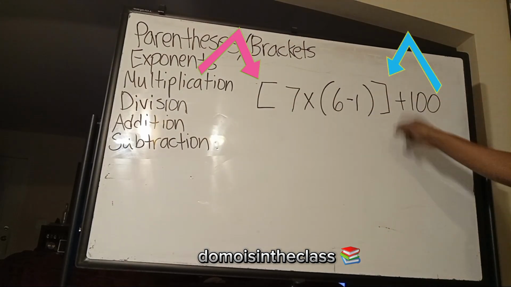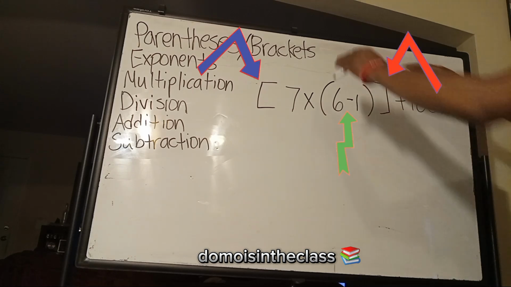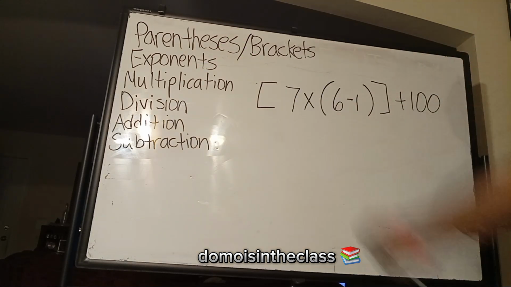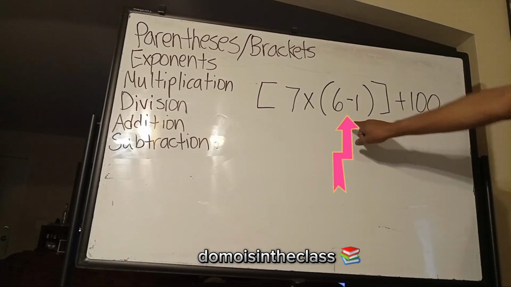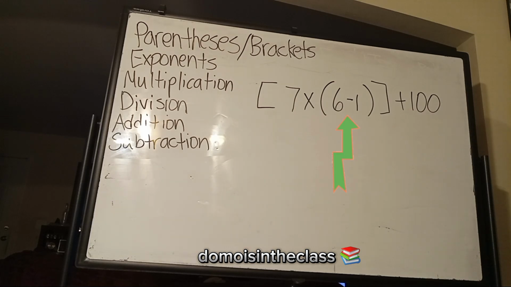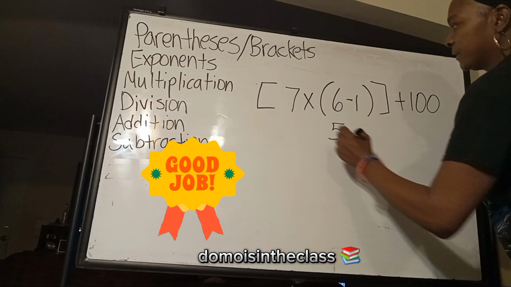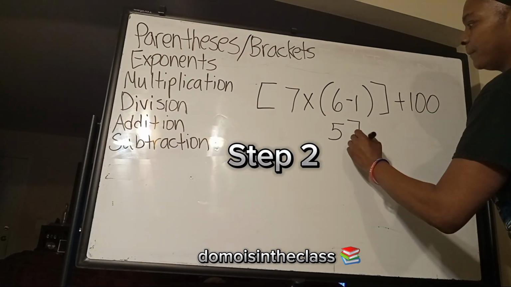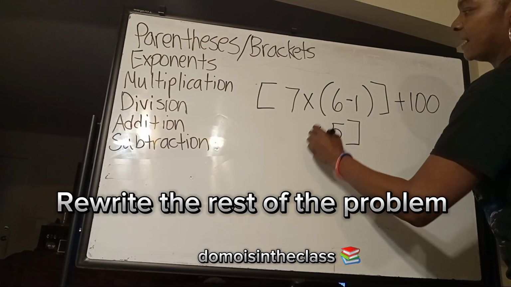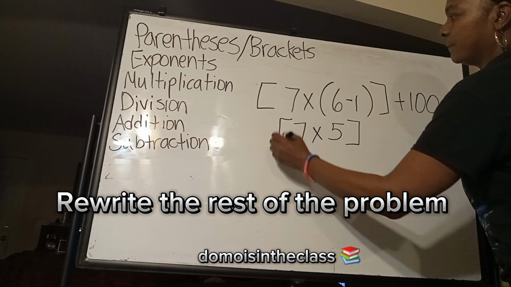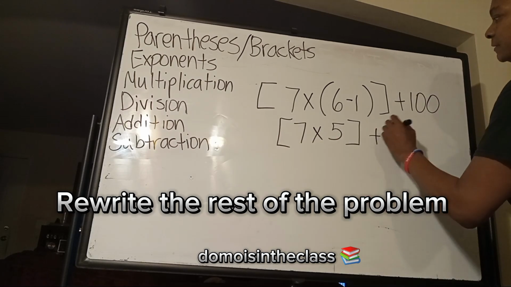We have to do what's inside the bracket first. So we go to the parentheses inside the bracket and we have 6 take away 1 equals 5. Great job. So we put the 5, we keep our bracket times 7, and we keep our bracket plus 100.